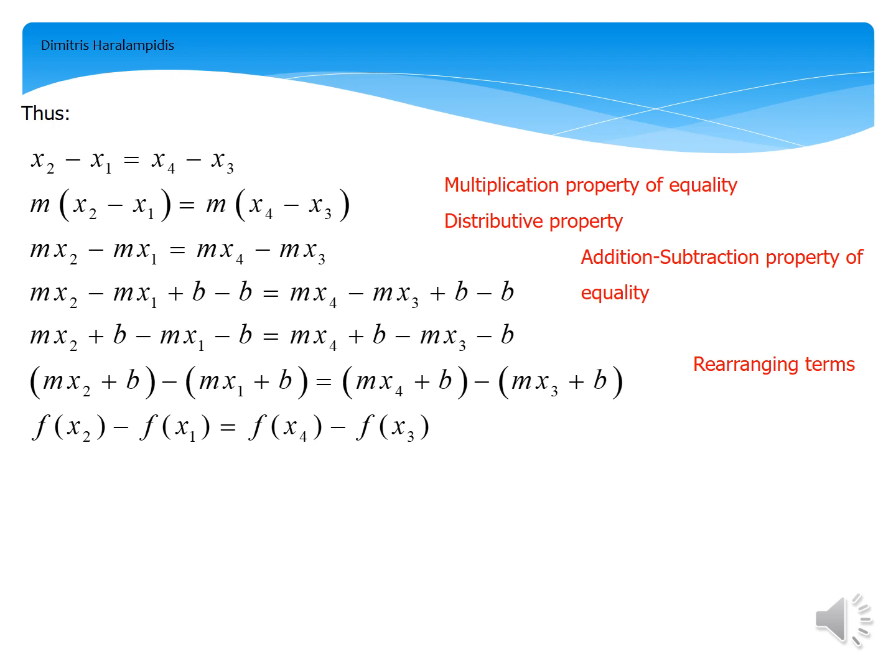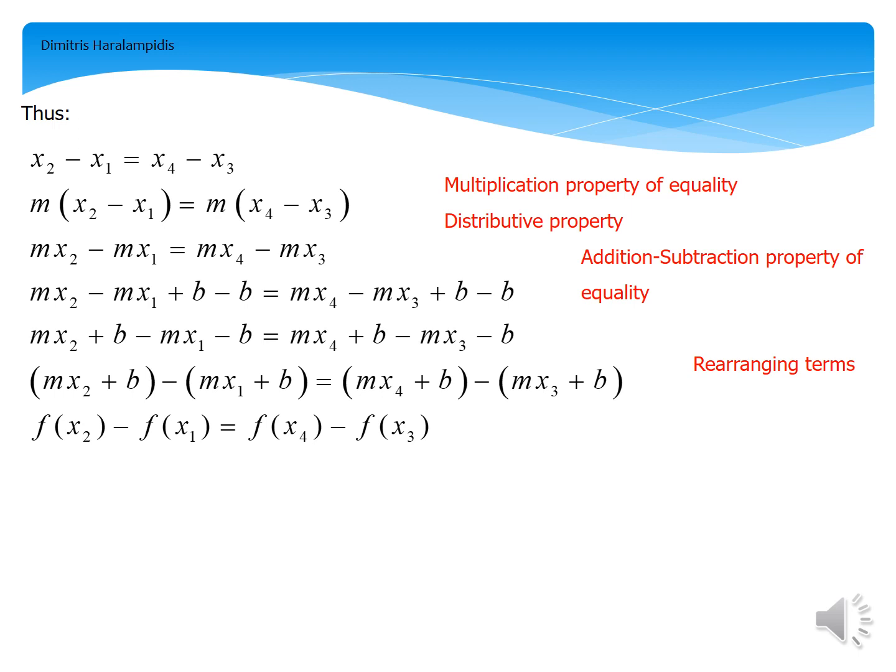Then we rearrange the terms, and we get mx2 plus b minus mx1 minus b equals mx4 plus b minus mx3 minus b. We rearrange the terms one more time, and we place them in brackets, and we have that (mx2 plus b) minus (mx1 plus b) equals (mx4 plus b) minus (mx3 plus b).